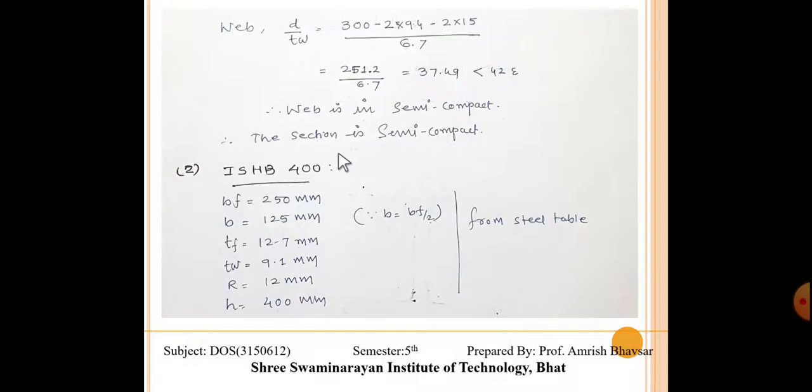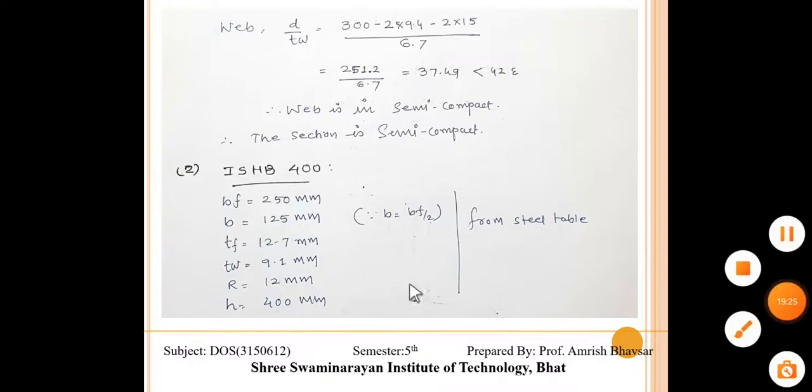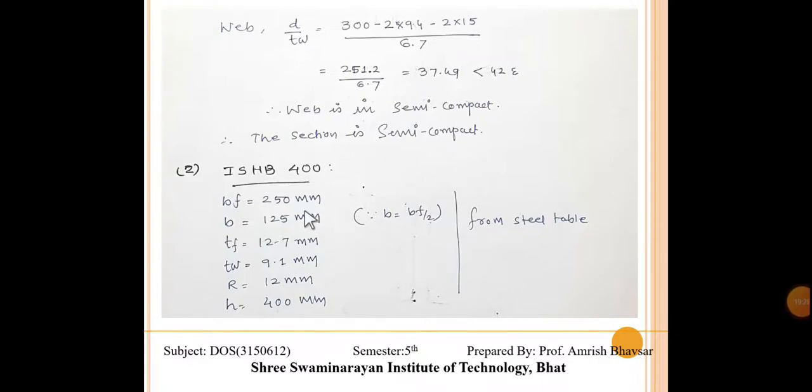Now we have another section, that is ISHB 400, and for that section we have different parameters. Width of flange is 250, b is equal to 125, half of this, thickness of flange, thickness of web, root radius, height, all things we have in the steel table.